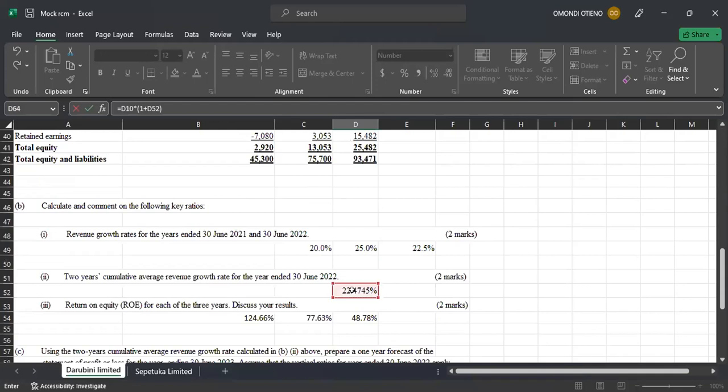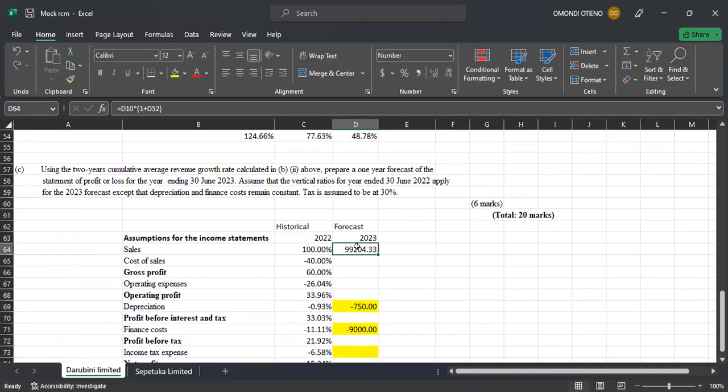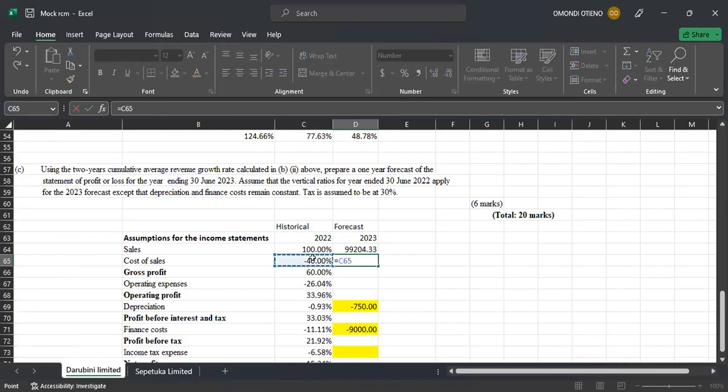If you close the bracket, you will get the sales value for 2023. Once that is done, remember all these ratios were depending on the sales, and that's why we took sales to be 100%. So it means this one here will be 40% of the actual value of sales in 2023. So we now come here and say, we take the percentage, multiply by the actual value.